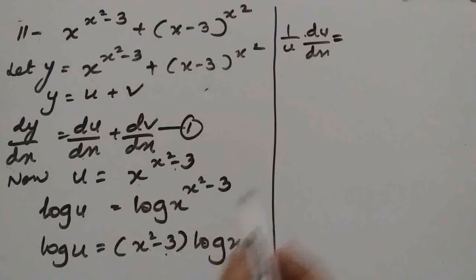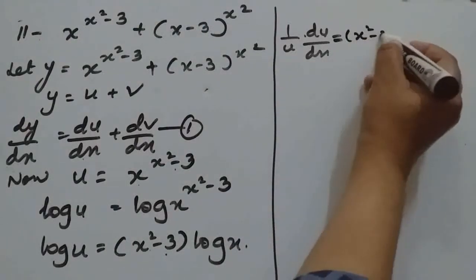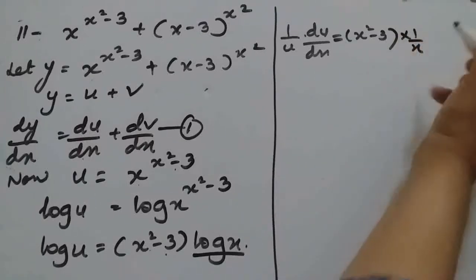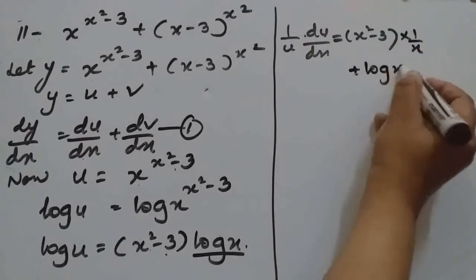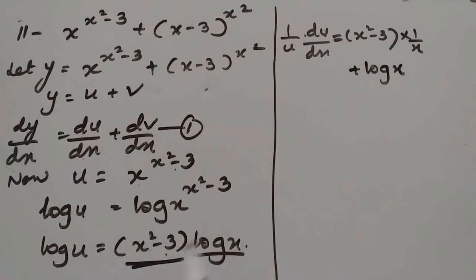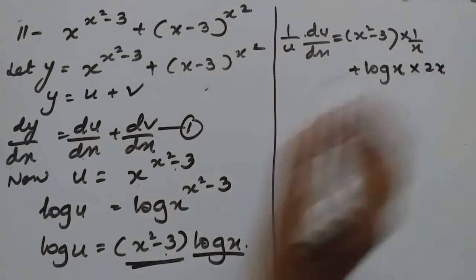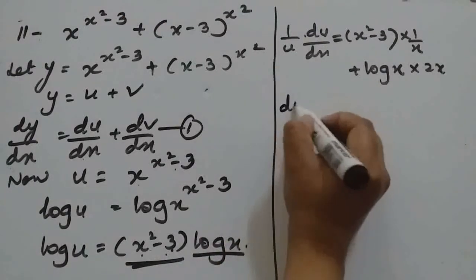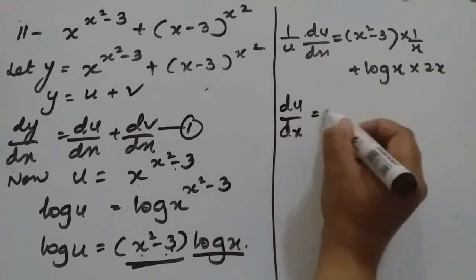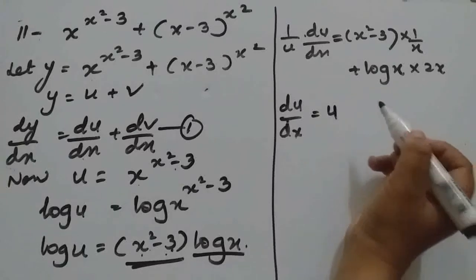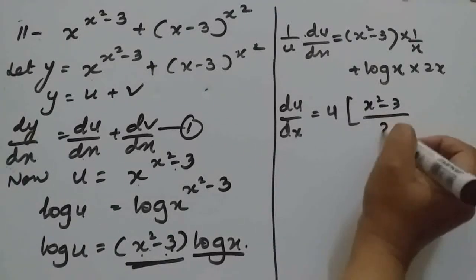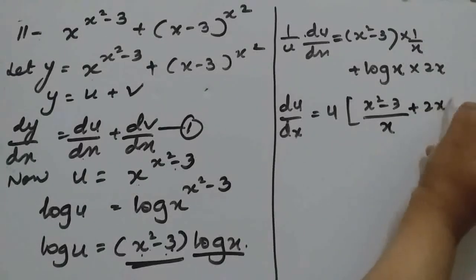So x square minus 3, first function same, derivative of the second one, that is 1 by x, derivative directly I am writing. Then second function same, derivative of first function will be 2x, isn't it? Derivative of x square is 2x, derivative of 3 is 0. So du by dx we can write u, in bracket x square minus 3 by x plus 2x log x.